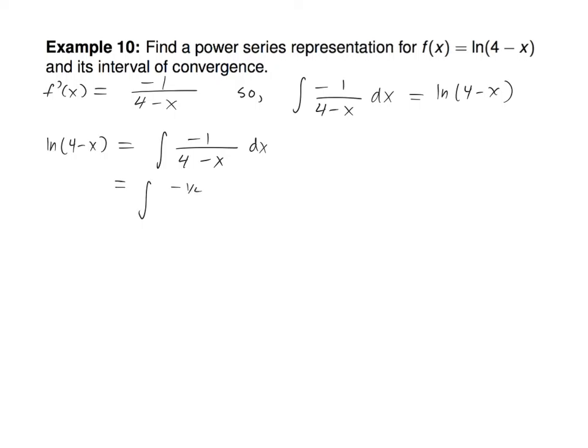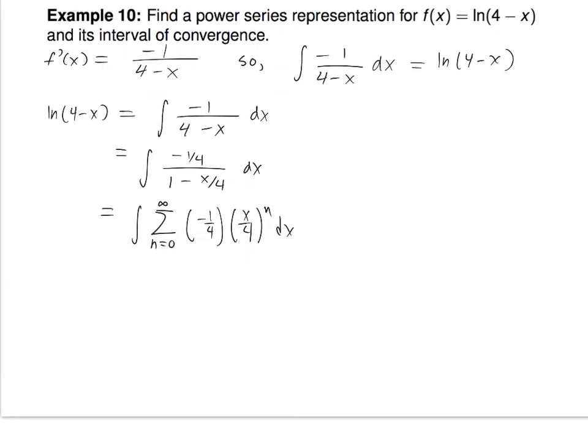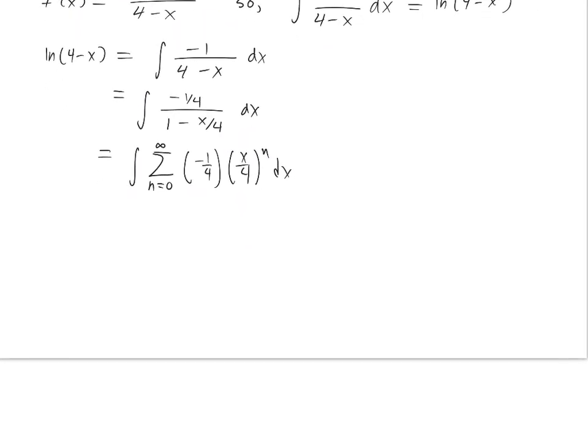Then you can use the geometric stuff to make a power series. So that becomes the integral of the sum. So negative 1/4 is my a. What's your r? And your mean picky teacher says pull out those constants. It makes your life easier.